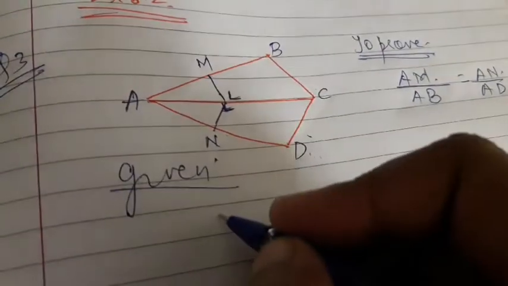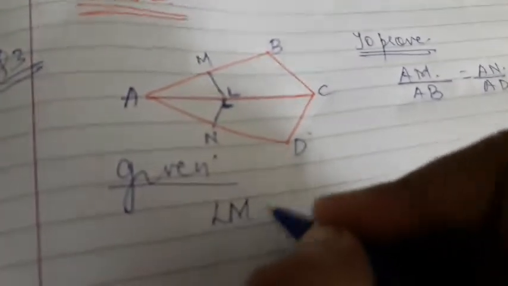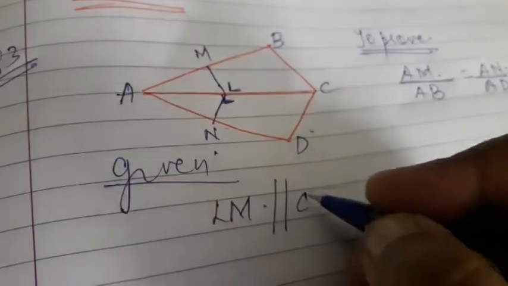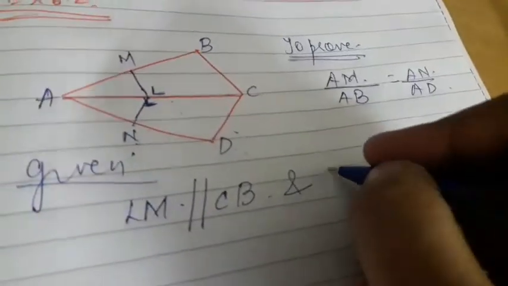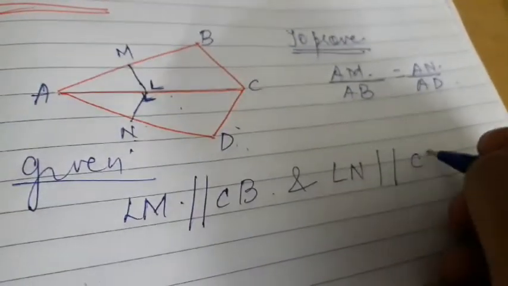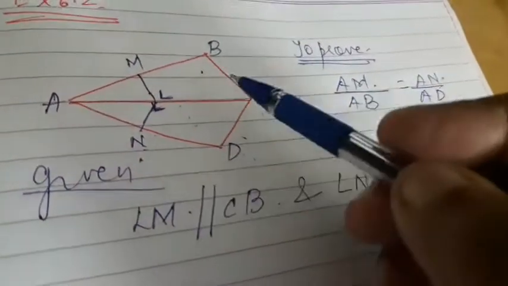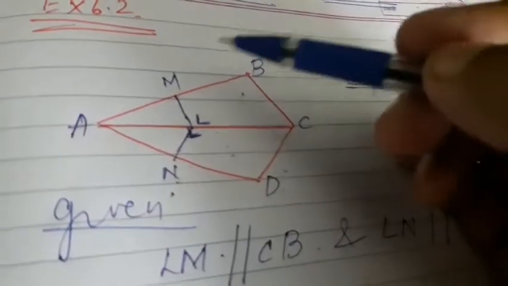We write LM is parallel to CB, and here LN is parallel to CD, and these two triangles we are going to consider now.